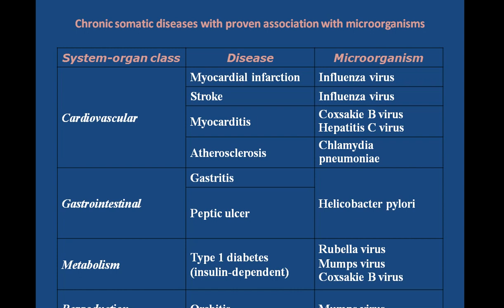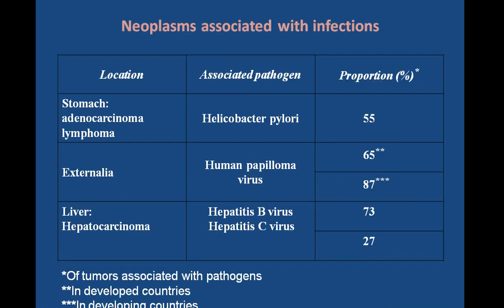Metabolism: type 1 diabetes, insulin-dependent, rubella virus, mumps virus, Coxsackie B virus, and reproduction or hiatus. And of course, we have the virus, mumps virus, that can lead to development of this disease.